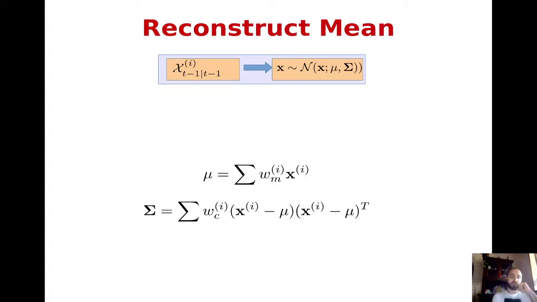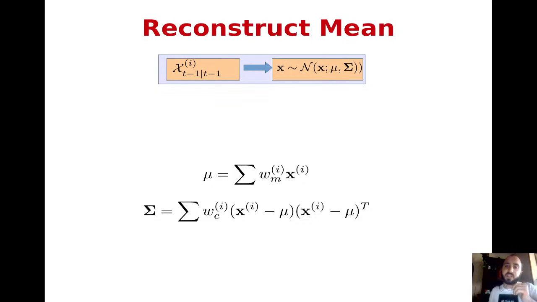Now the reconstruction, so coming back from the sigma points representation to mean and covariance, the canonical form. The computation is really easy. Basically, the mean is a weighted sum of the sigma points. You can interpret it like that. And after you have the mean, you are basically computing a weighted covariance matrix, weighted by this term, using the classical formula that you would use if the sigma points were just data points.